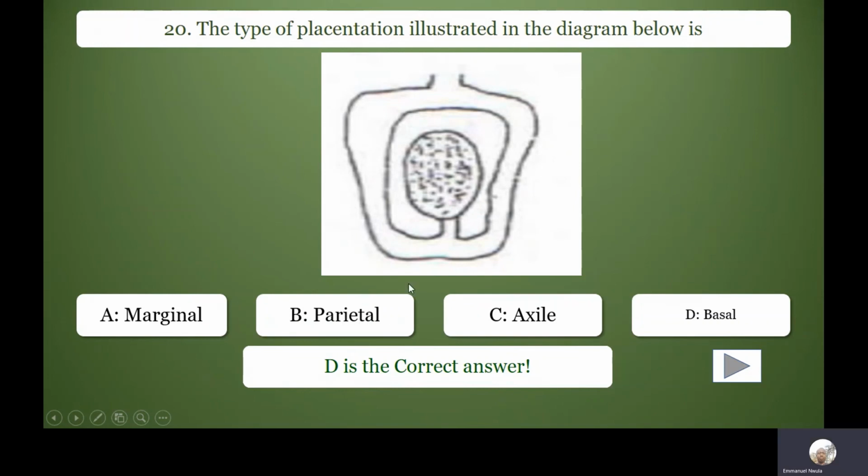For parietal, you see the ovules at different sides of the ovary. For axile, you see the ovules arranged at the center. The placenta is at the center, and then the ovules are arranged at different sections on the placenta. That's axile. So for basal, you see an ovule at the base of the ovary.